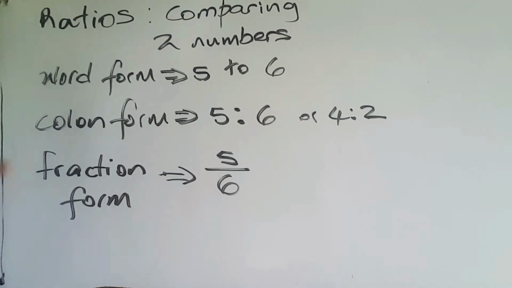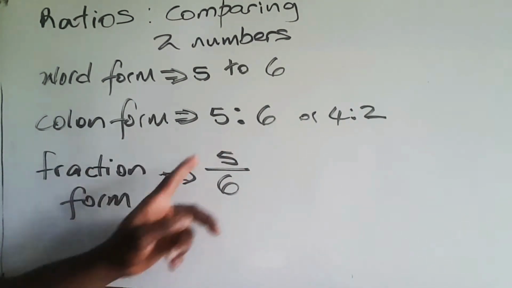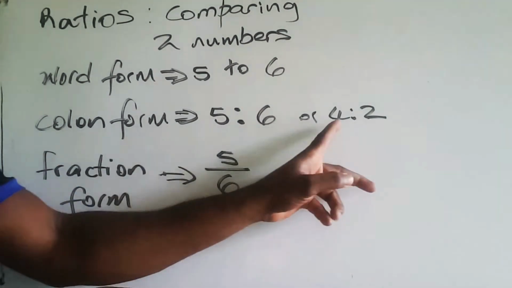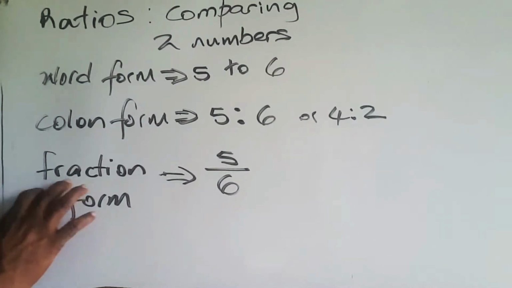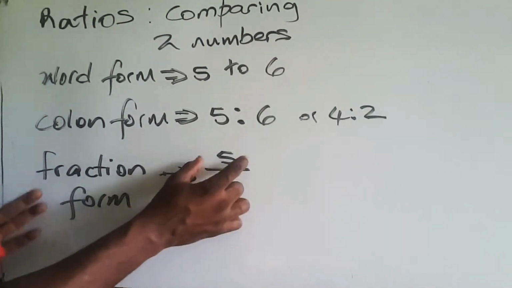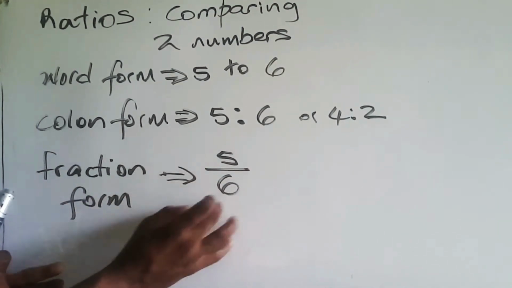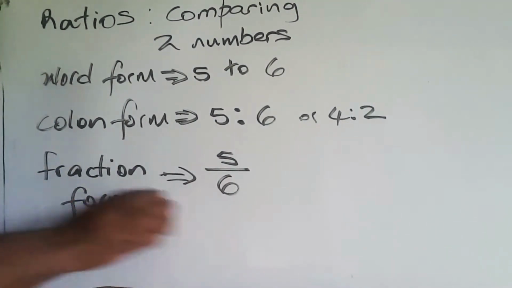In colon form, using a colon between the 2 numbers that we're comparing, it's going to be 5:6, or we could have 4:2, or as many as you'd want to write. And in the form of a fraction, we have 5 over 6, or 5 divided by 6, and it's saying the same thing. We're comparing the 2 numbers. So these are the forms in which we could write them.